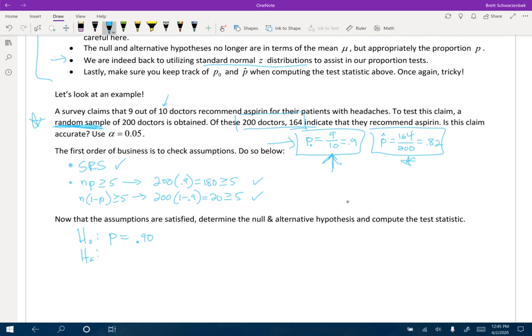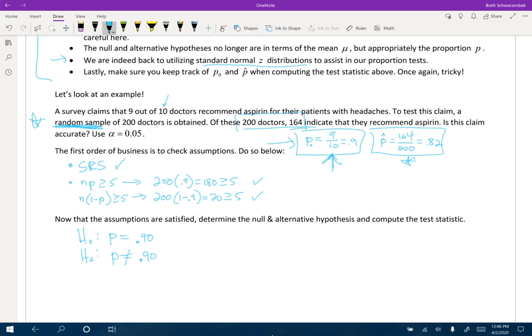For the alternative, it's going to be the same value, but what's the sign? Well, the only thing it says is, is this claim accurate? So it doesn't say anything about less than or greater than, which means, again, we're going back into two-tailed world, which is p is not equal to 0.90, or 0.9 you can use.